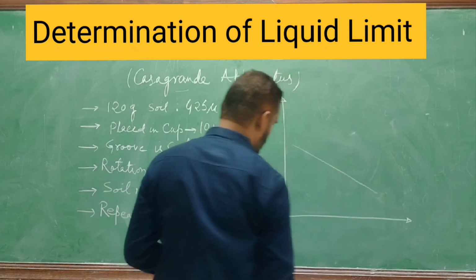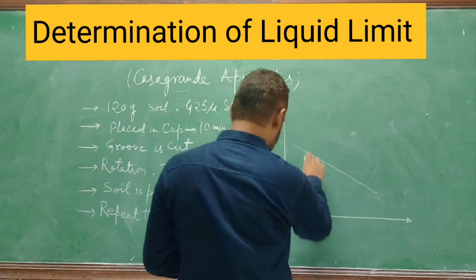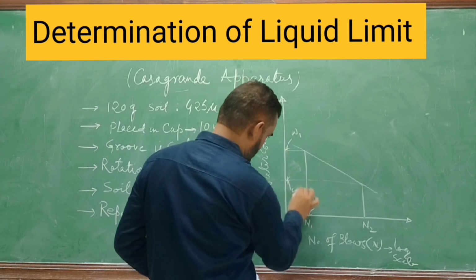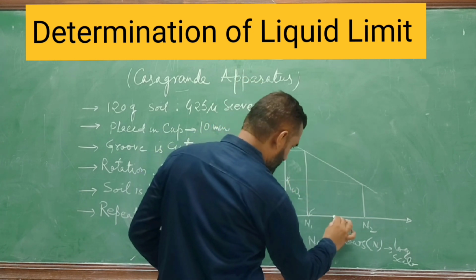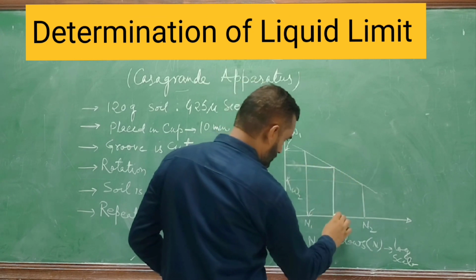It will be seen that a semi-logarithmic graph is plotted, called flow curve. The liquid limit is determined by reading the water content corresponding to 25 number of blows on the flow curve.